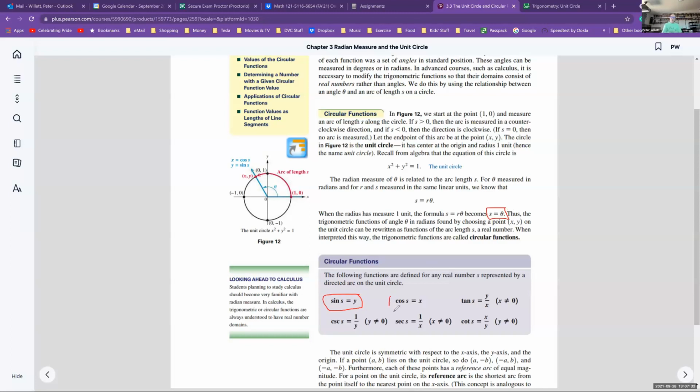And if you take cosine of S, again, S is theta, so this could just be a theta, and that's the x value of the point on the unit circle. So I basically tried to define it this way all along to avoid all of this confusion. And now the book is giving us all this confusion. And to avoid it, I'm just going to point out that that's kind of what we've been doing all along.